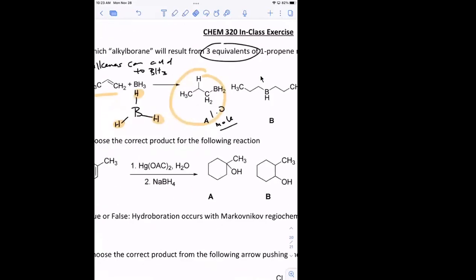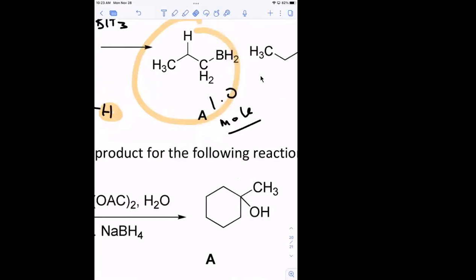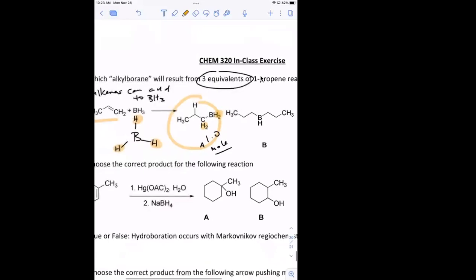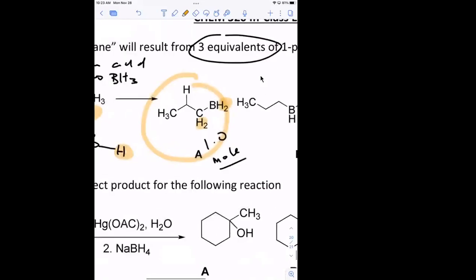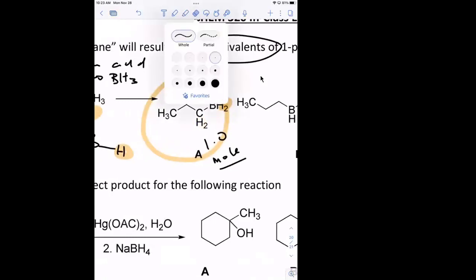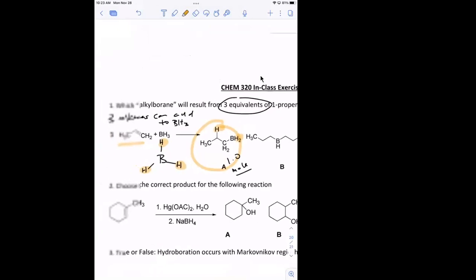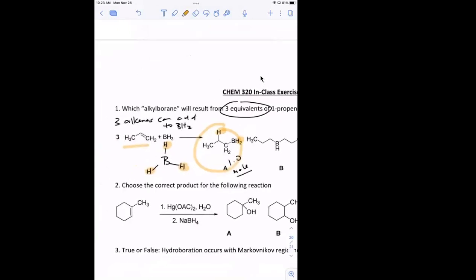Because what I did here is I added one of the H's from BH3 to here. So I added H on one side, and then the BH2 is going to be on the other side of that alkene. I'm sorry, here. My bad. So H to one side, and then the B to the other side.